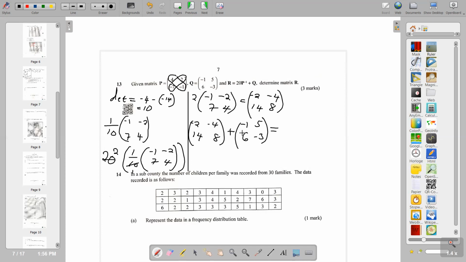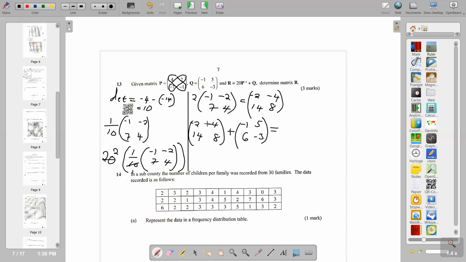Before adding, you must confirm if it is compatible. For addition of matrices, they must have the same order. Two or more matrices must have the same order. These are 2 by 2, and you're adding a 2 by 2, so it is compatible.